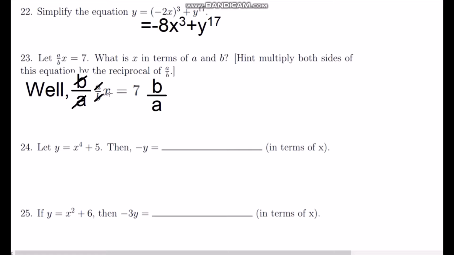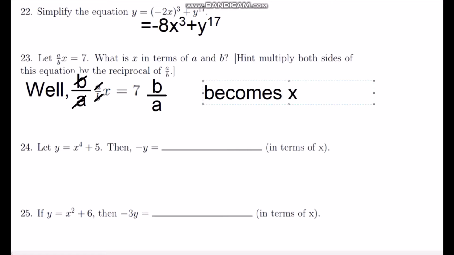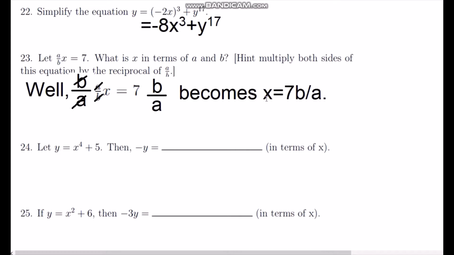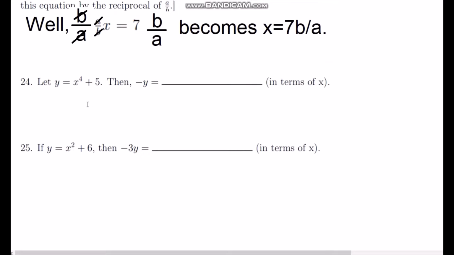But really 1x is the same thing as x. So this equation becomes x is equal to 7b over a. And that is x in terms of a and b. We see x equals, and then we see numbers of b and a on this side. So that one's done. Let's go on to the next one.